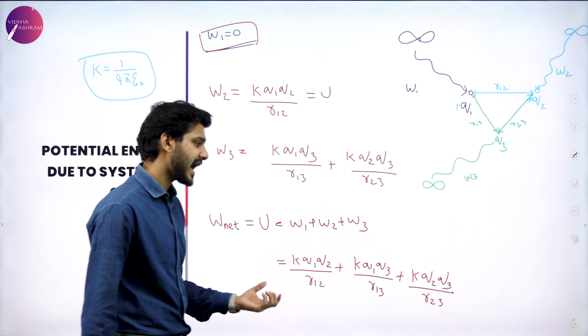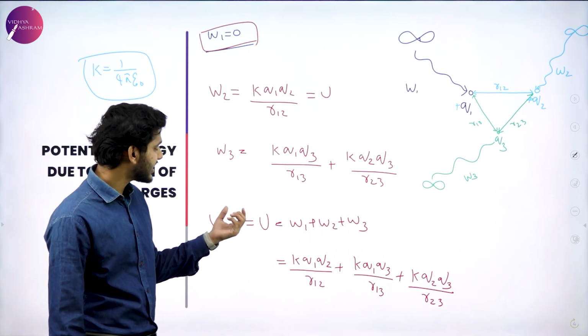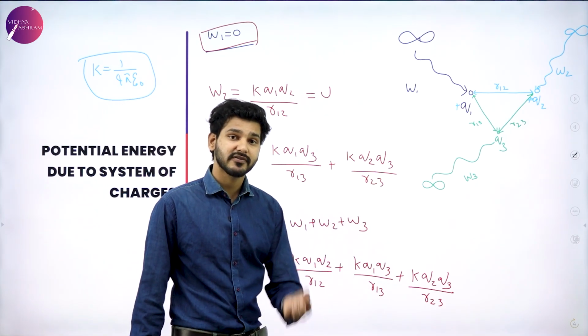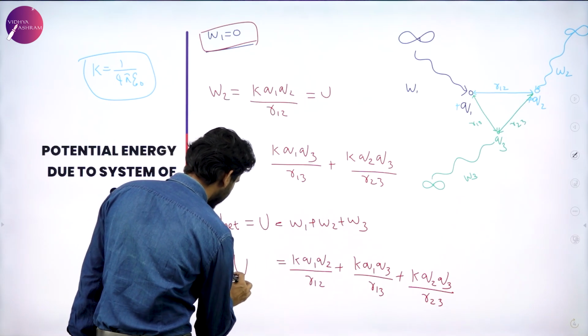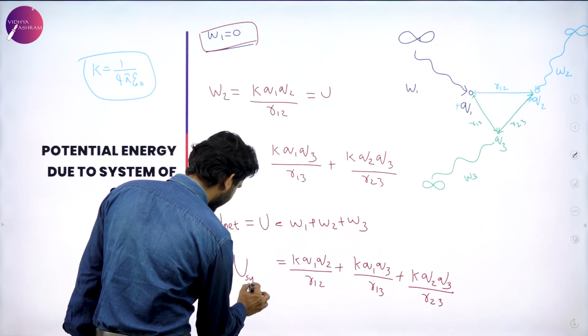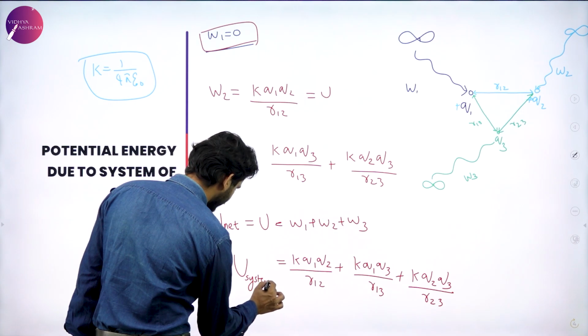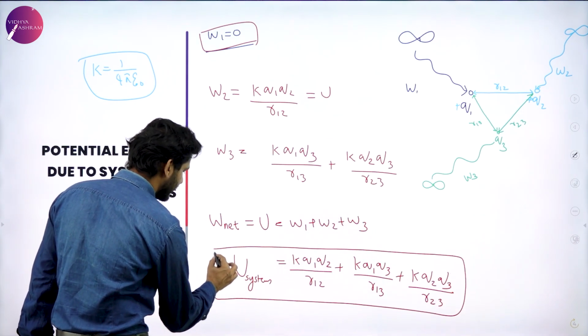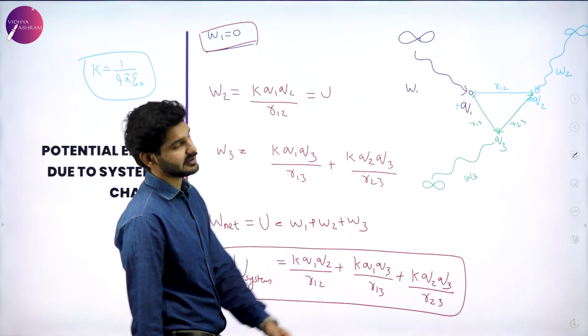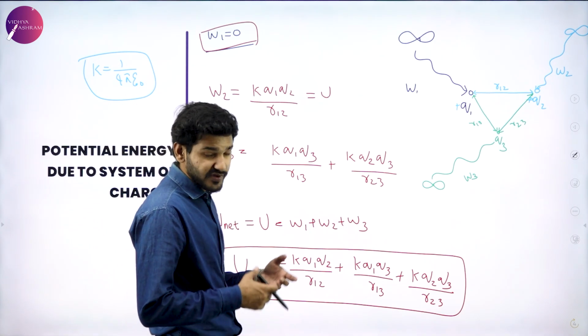So this is the actual net potential energy of a system of three charges in space. So the potential energy of a system of three charges is given by this equation.